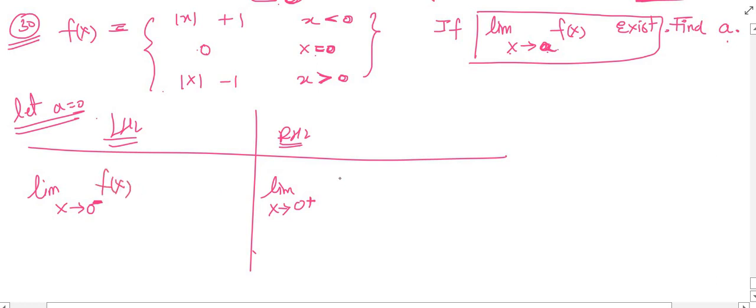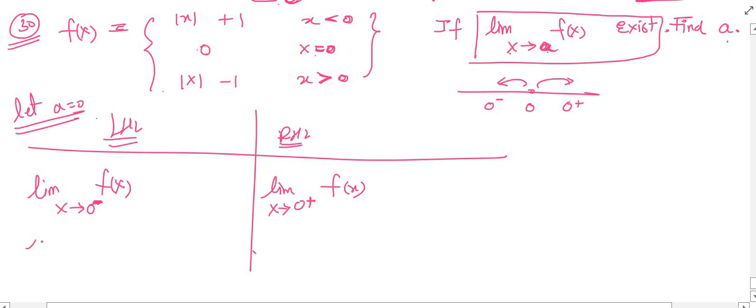Correct. 0 minus means a little bit less than 0. So which one should I take? Less than 0, the first one. In RHL, a little bit more than 0. By now you know. If this is 0, 0 minus means this side and 0 plus means this side. More than 0, so for more than 0, I will take this.